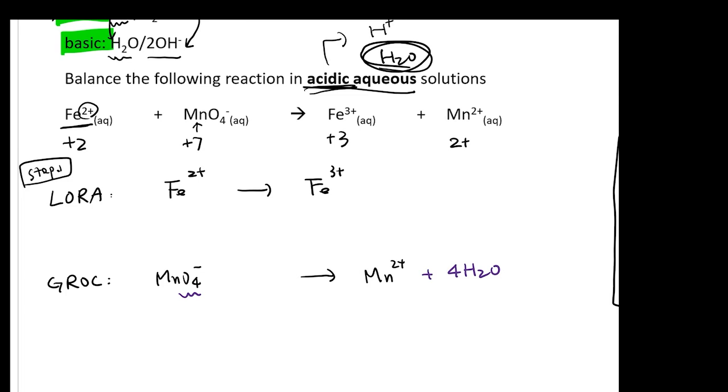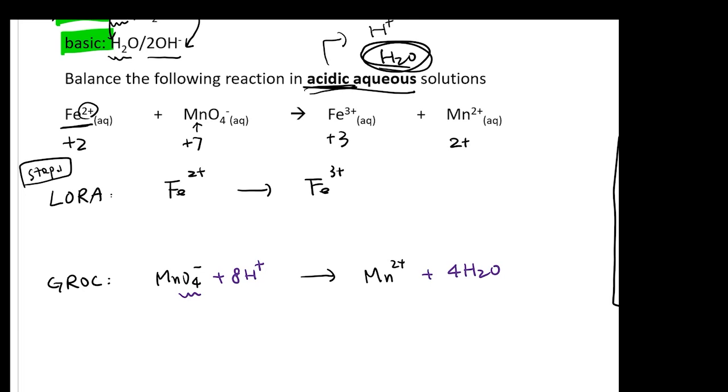So you balance your oxygen. But at the same time, you introduce the hydrogen. To balance the hydrogen, you need to use H+. Therefore, you need to add 8H+ on the left. Up to this point, you have also balanced your GER.